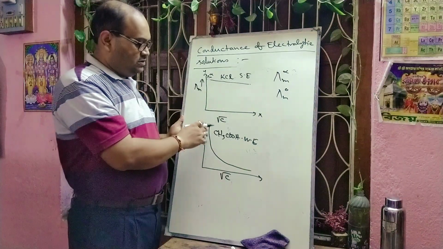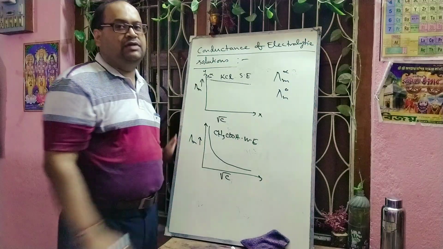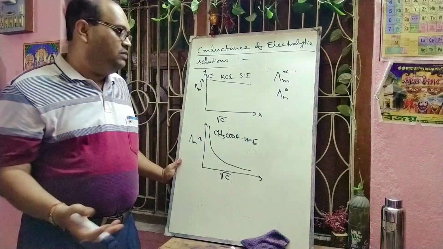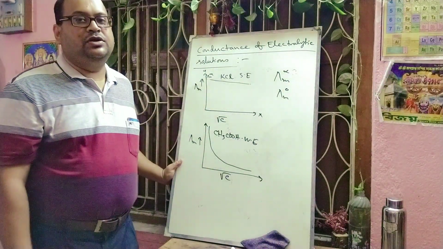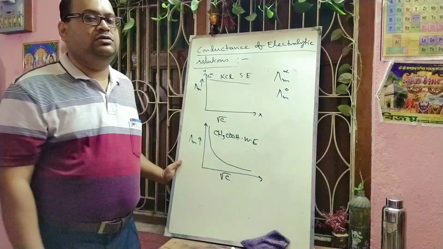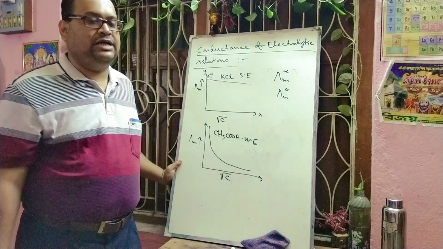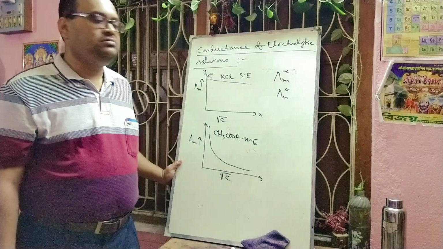Here it is not possible, the curve is like this. Here we will not get the value of Λm. So there is another method given by scientist Kohlrausch, that we will discuss, Kohlrausch law.